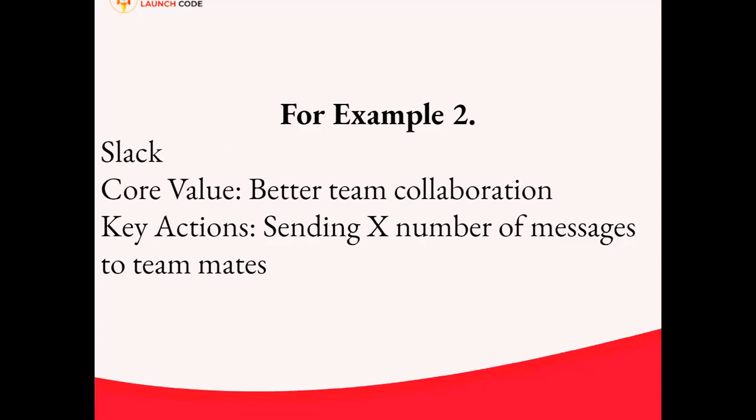So in Slack, we wouldn't say they've activated a user if the user just downloaded the app. They can say they've activated the user when that user has sent a certain number of messages to his or her team members. So you need to understand the value that your product is offering and those key steps and actions that lead to that value before you can determine what activation means for your business.